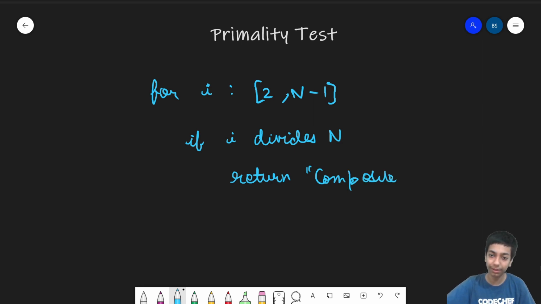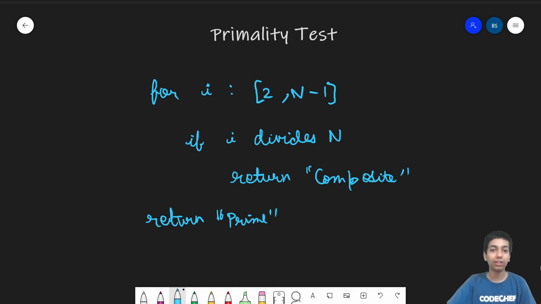Otherwise, if we are not able to find any divisor of n even after the loop, we can in that case return that the number is a prime. So this is the naive way to approach it. And can we do something better? Well, let's have a look at that.